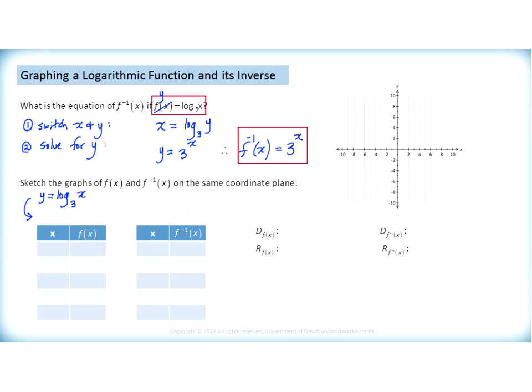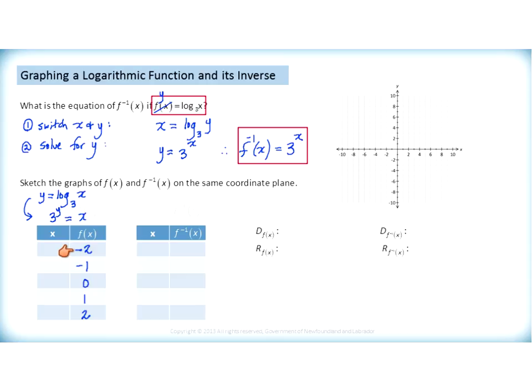So we would have 3 raised to the power of y is equal to x. In this case, y is the independent variable. So we will assign values to y and solve for x in order to sketch its graph. So assigning values to y, or f of x, we will use -2, -1, 0, 1, and 2. And then we will solve for x for each of those y values.